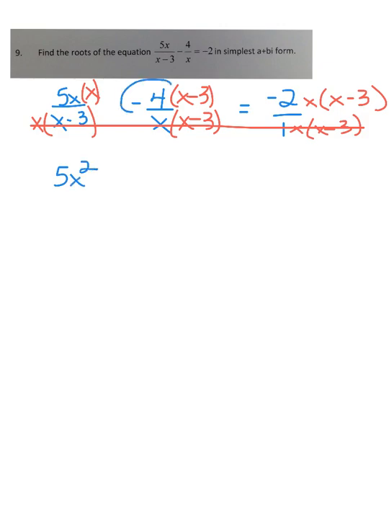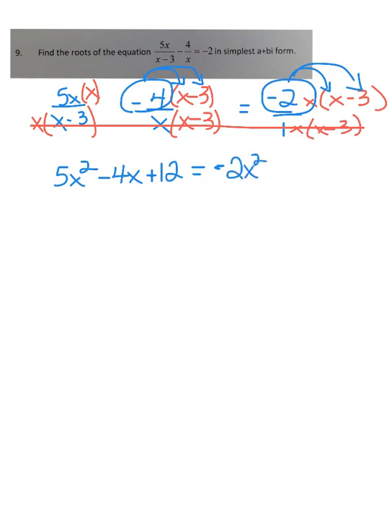Make sure that you are distributing that negative as well as the 4. So that would be minus 4x, and that will be plus 12. Equals, same thing over here on the right. Distribute that negative as well. So that's going to be a negative 2x squared, and that will be plus 6x.